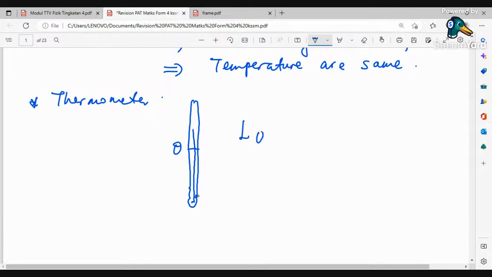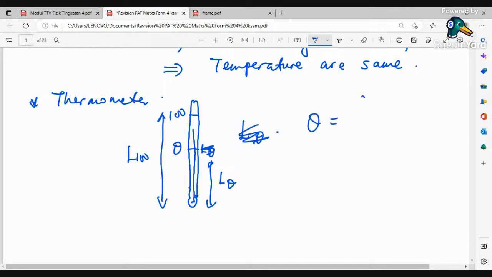L theta is the length at theta, and L100 is the length at 100 degrees. To find theta, just use the formula: L theta divided by L100, multiplied by 100 degrees.